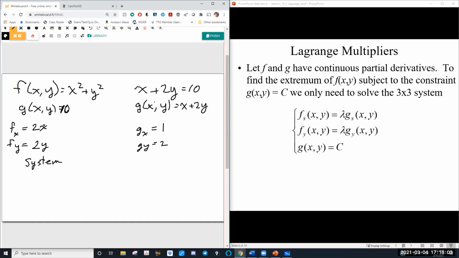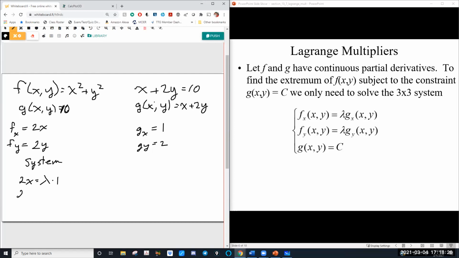So you're going to start off by taking the partials of your function and then taking the partials of your constraint equation. Now here's where the 3x3 system comes in. We're going to have f sub x, so 2x equals lambda times g sub x, so lambda times 1.